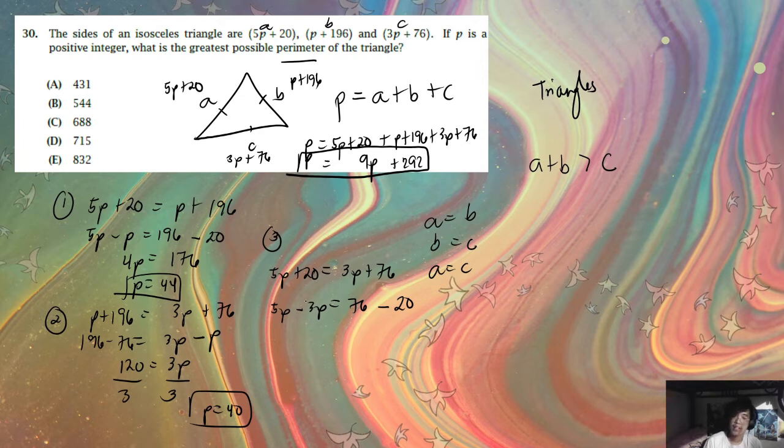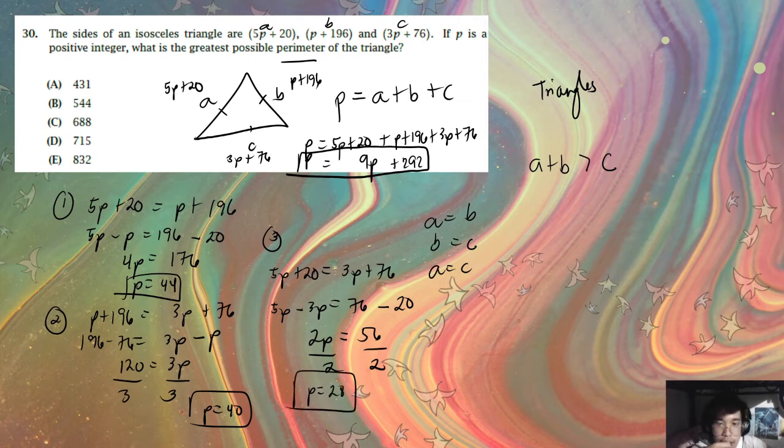So 5p minus 3p is equal to 2p, and 76 minus 20 is equal to 56. If we divide both sides by 2, 56 divided by 2 gives us p is equal to 28. Okay, so that's our third set of sides. Those are all of our sides if they are isosceles triangles.